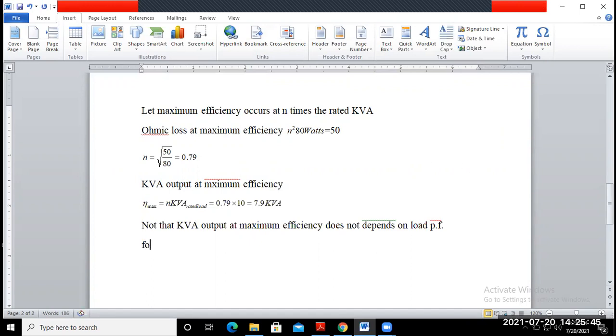For maximum efficiency, the ohmic loss is equal to the core loss, that means 50 watt.